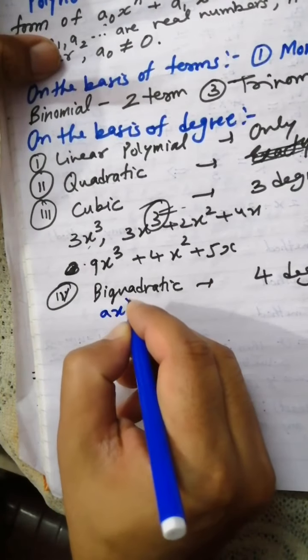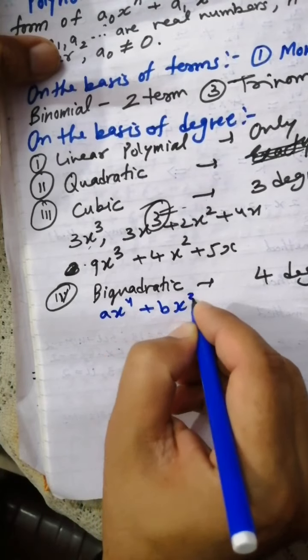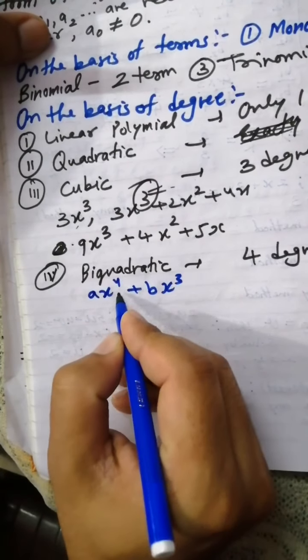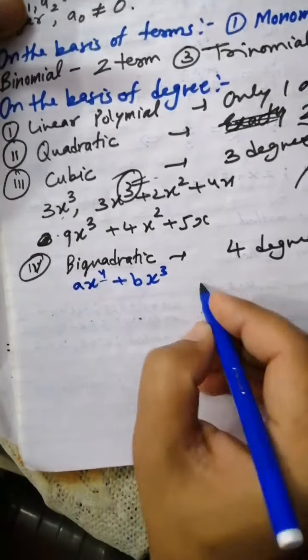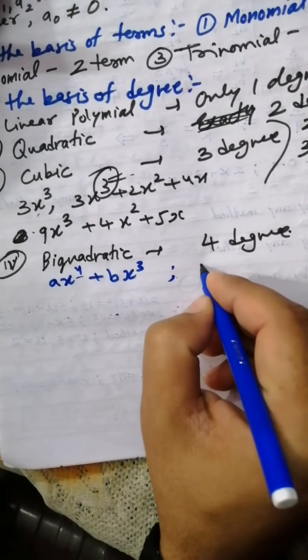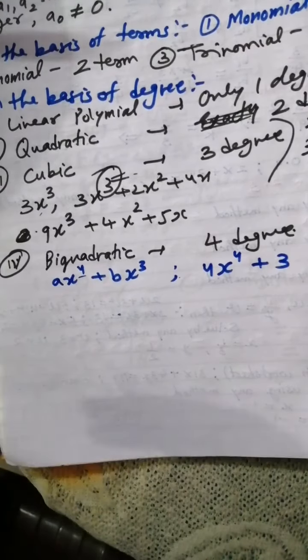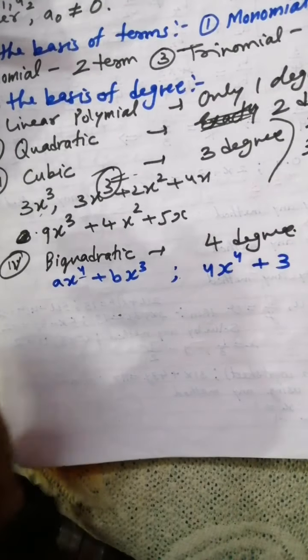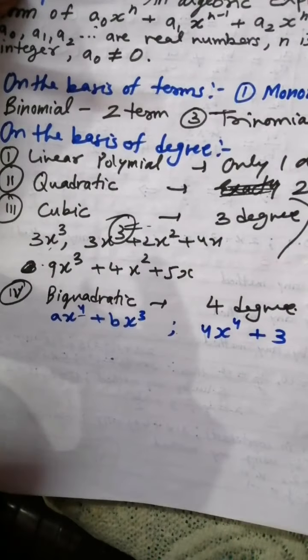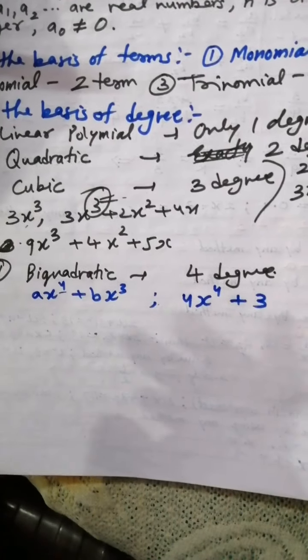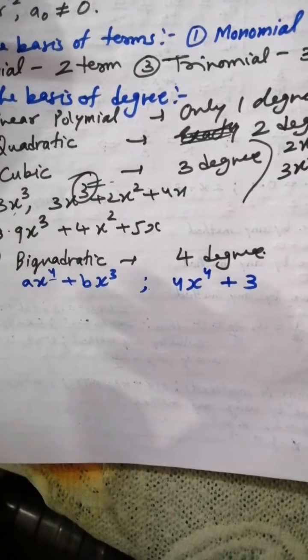Like ax to the power 4 plus bx cube, it is degree 4. If you are writing 4x to the power 4 plus 3, it is also biquadratic. So by this way you can define the polynomials. Linear is degree 1, quadratic degree 2, cubic degree 3, and biquadratic degree 4.